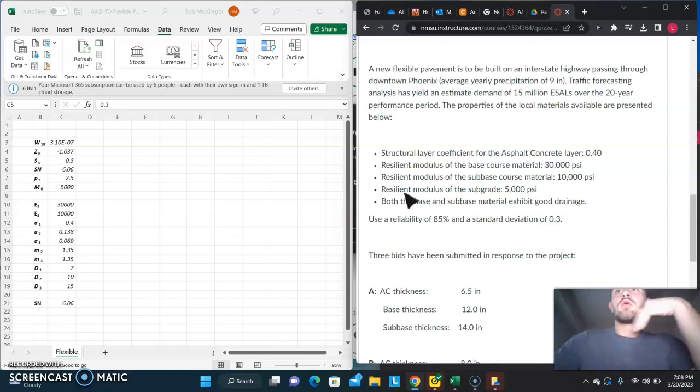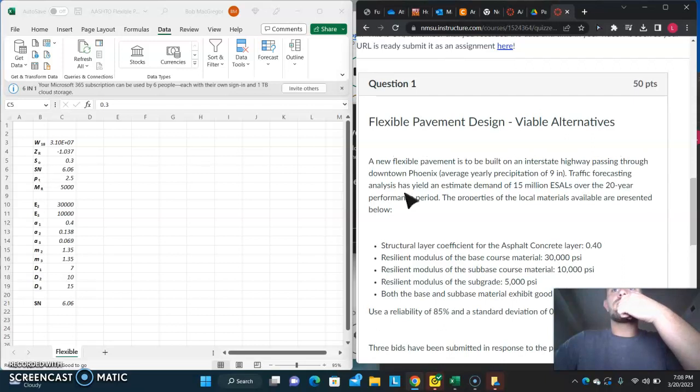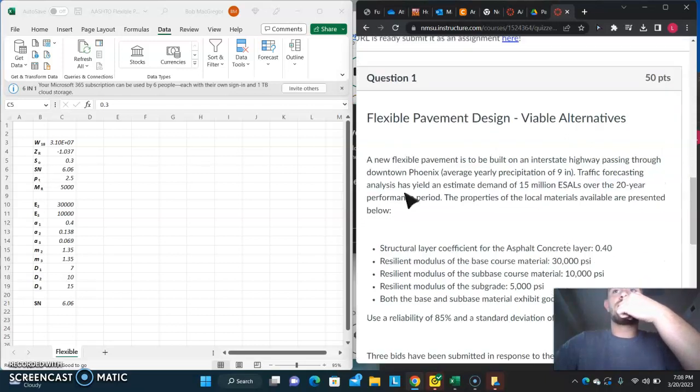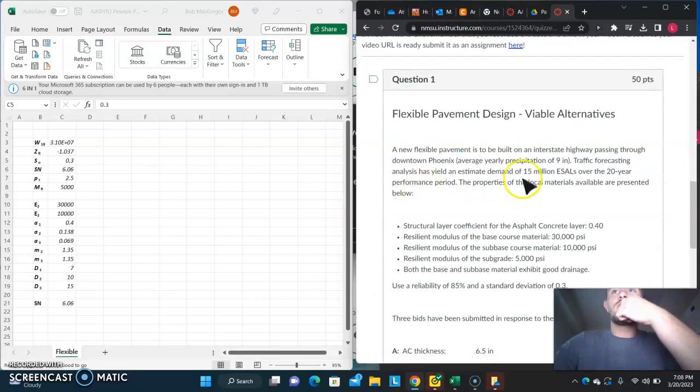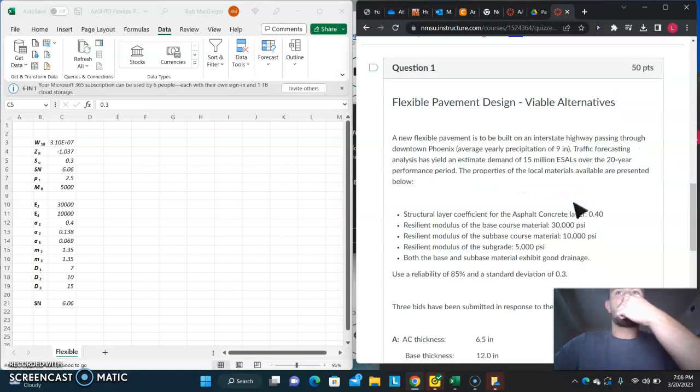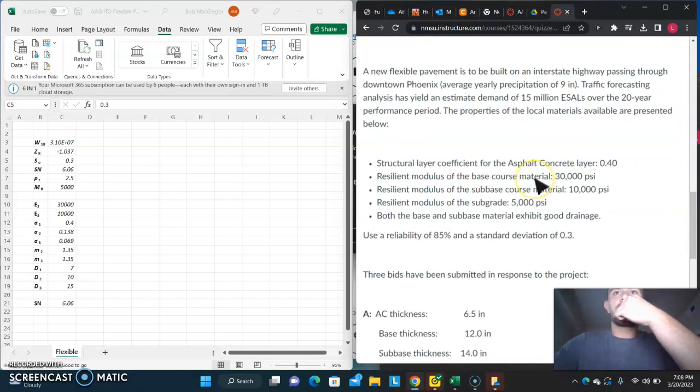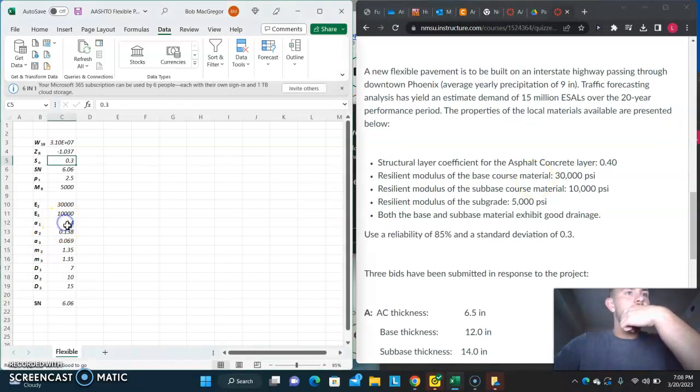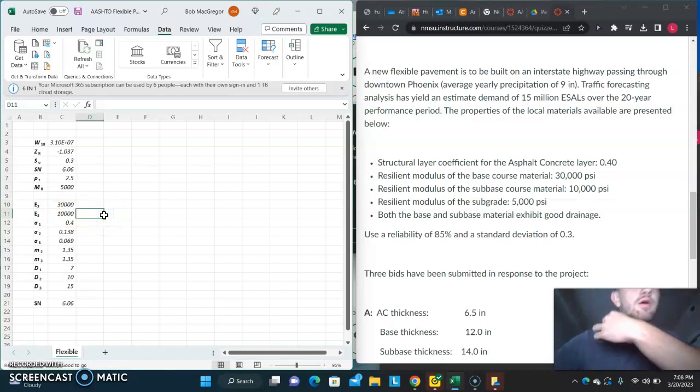Well, 15 million E-cells. 1.5 times 10 to the 7th. Coefficient is 0.4. The base is 30,000. The subbase is 10,000.